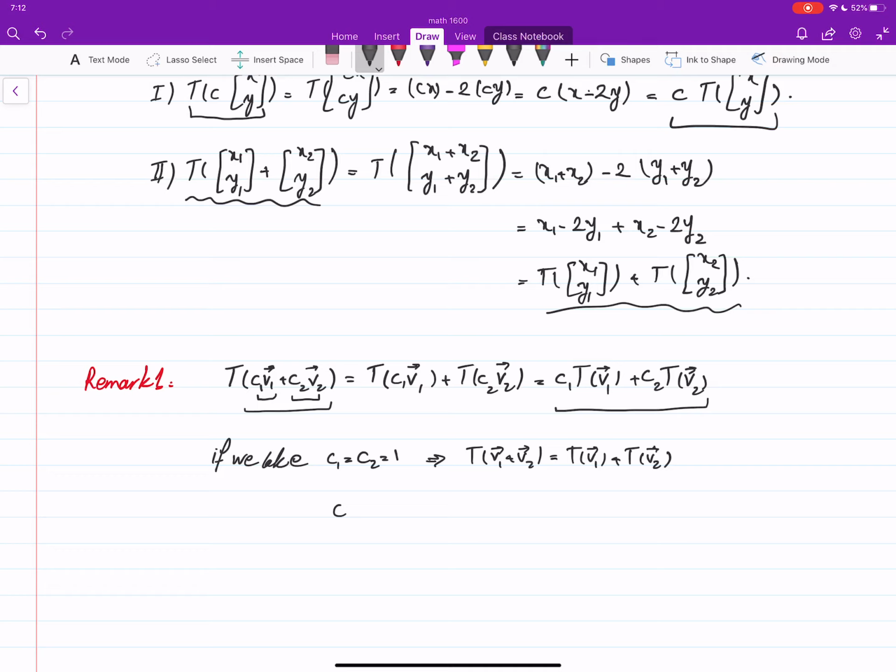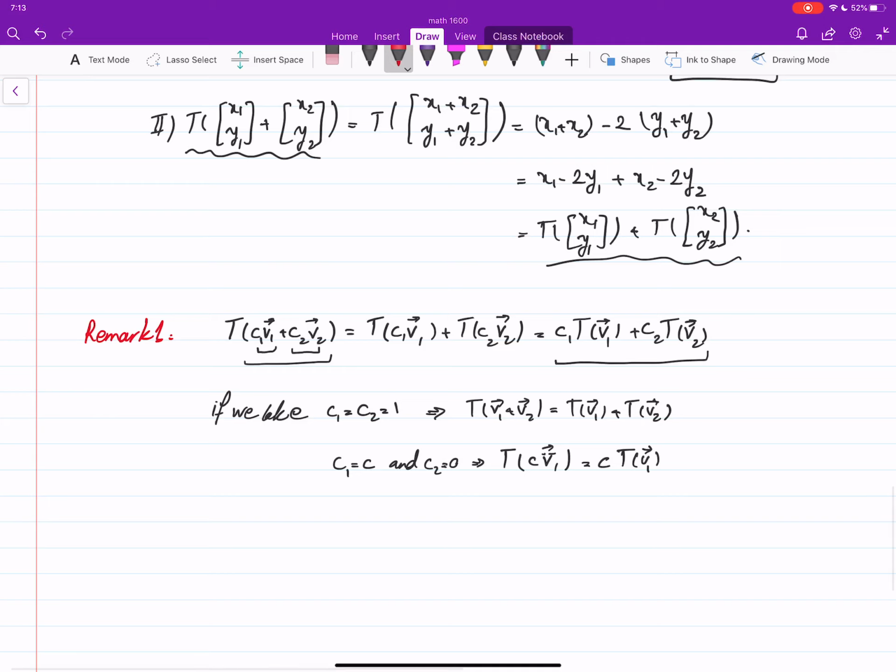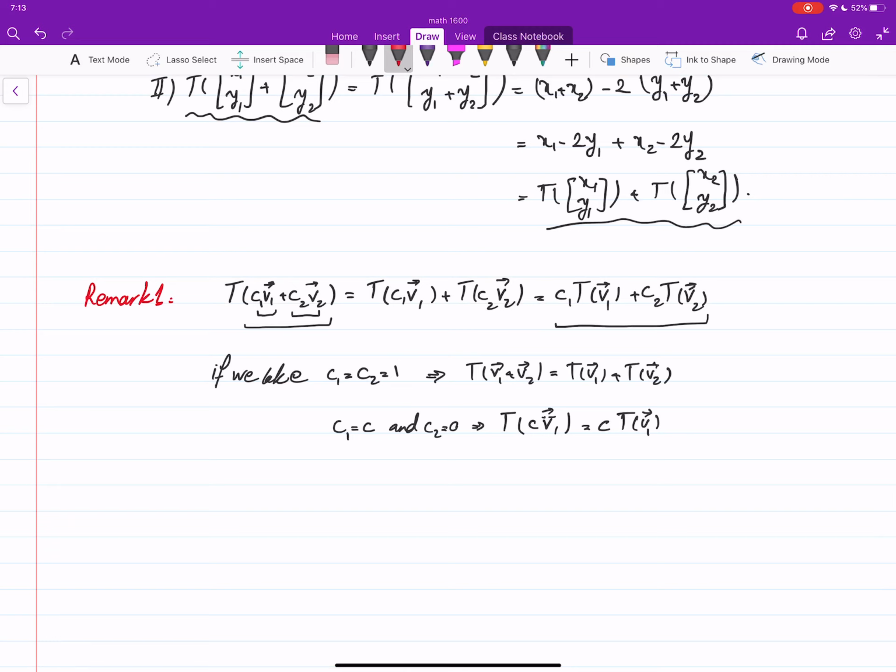And if you take, let's say, c1 equal to c and c2 equal to 0, then what this shows is that T of (c v1 plus 0) equals c T of v1. Well, what I just showed you is that the condition that a transformation sends a linear combination to a linear combination is equivalent to T being a linear transformation. So let me write it here.